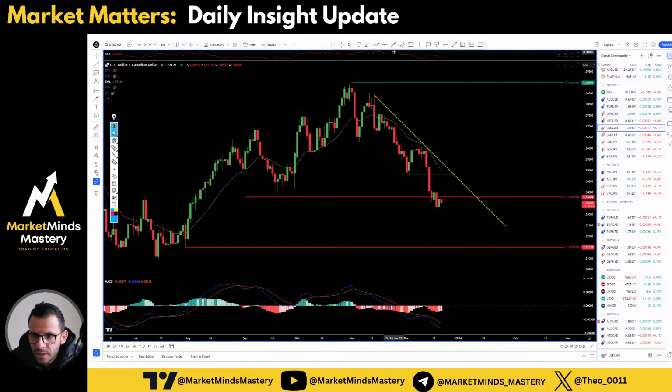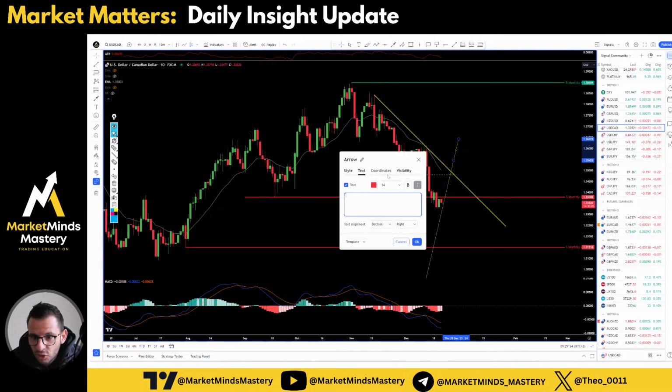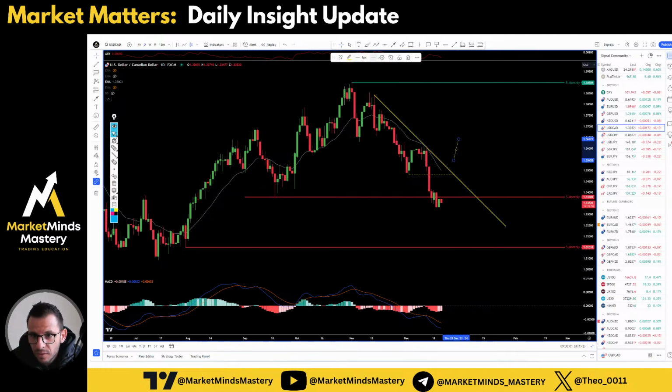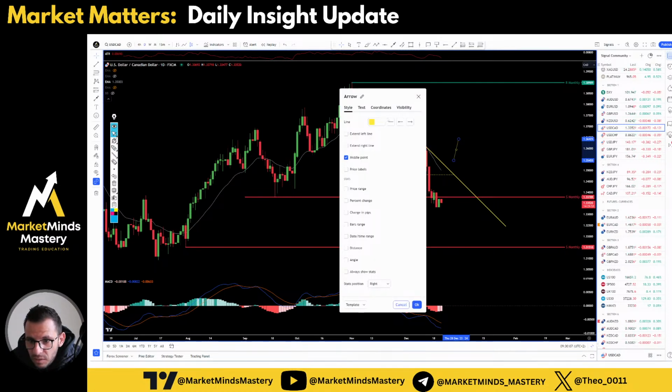So this is an area where we will have vested interest to take trades if the price touches the area.